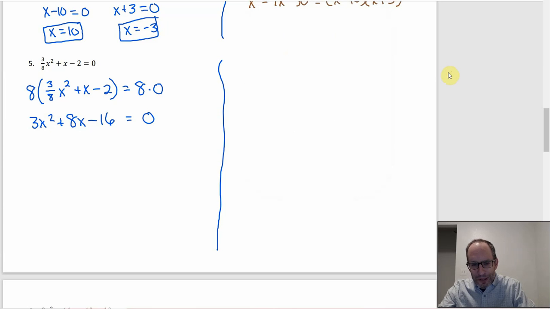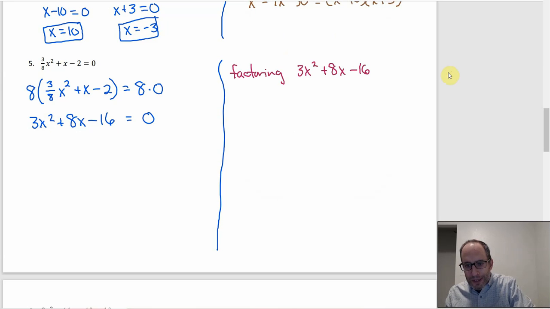Perhaps a different color since we're doing the rainbow. So factoring 3x squared plus 8x minus 16 with the rainbow. So what we need is a pair of factors.